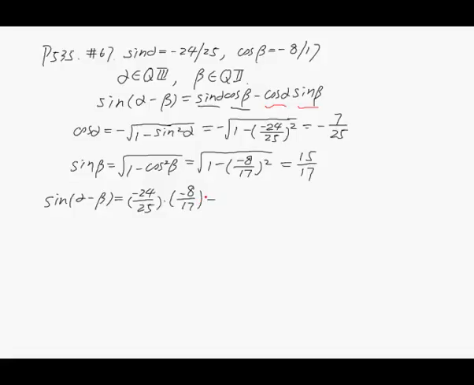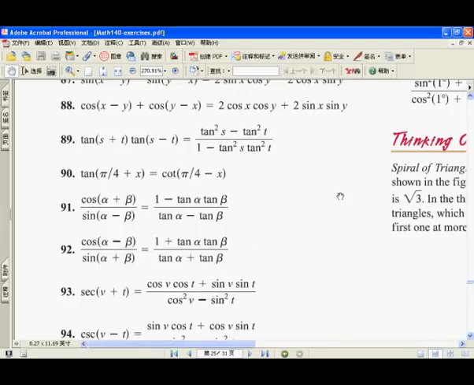And then minus cosine alpha, which is equal to negative 7 over 25. And then sine beta, which is equal to 15 over 17. Then you simplify, you get negative 87 over 425. Done. Now let's look at the page 536.